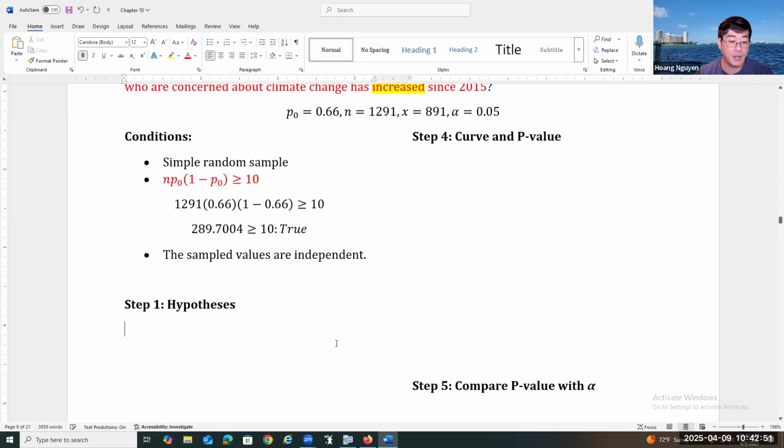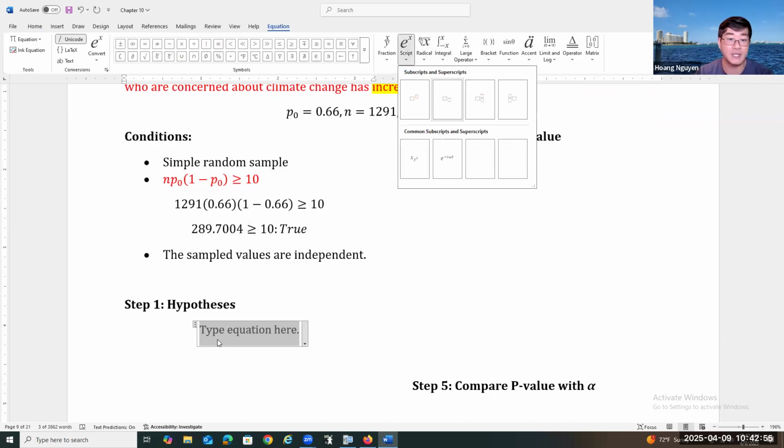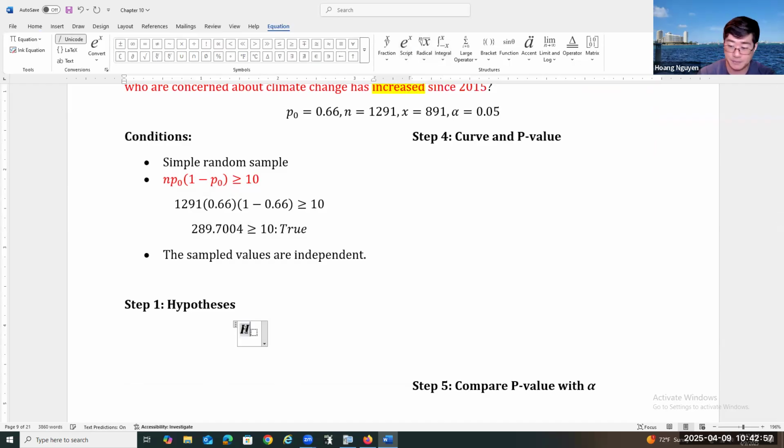Now, step number one, we're going to state the null and the alternative hypothesis, right? The null hypothesis is going to be H0, and the alternative hypothesis is going to be H1. What's going to be the parameter for this hypothesis test, everyone?